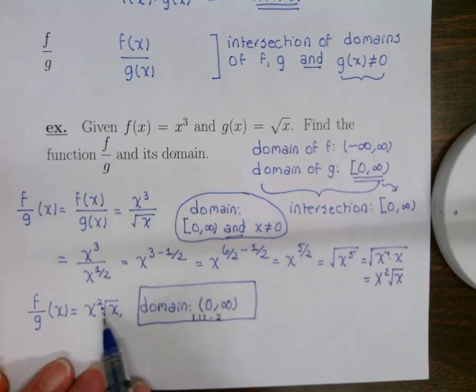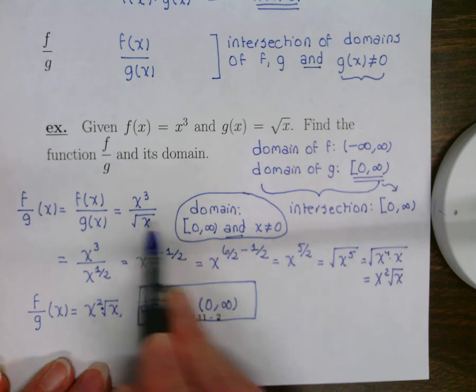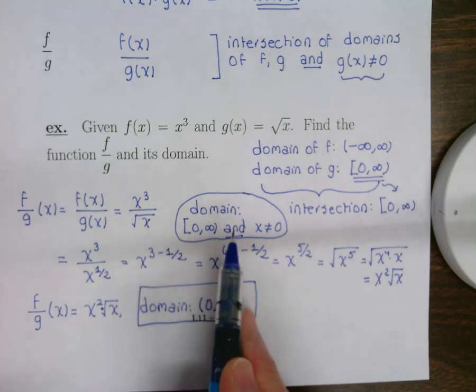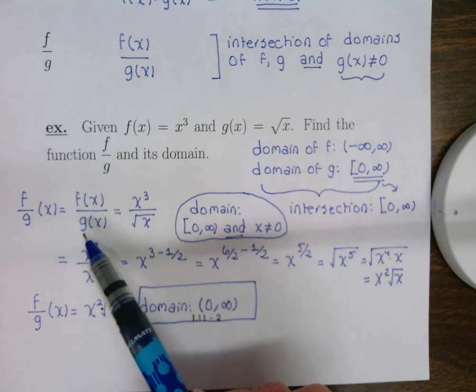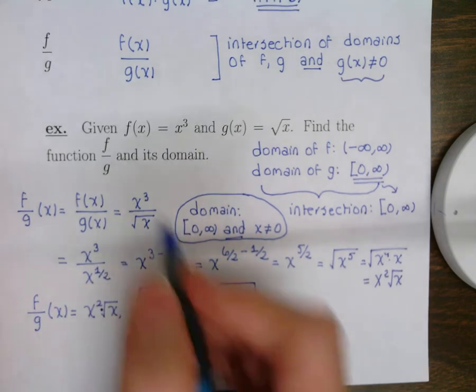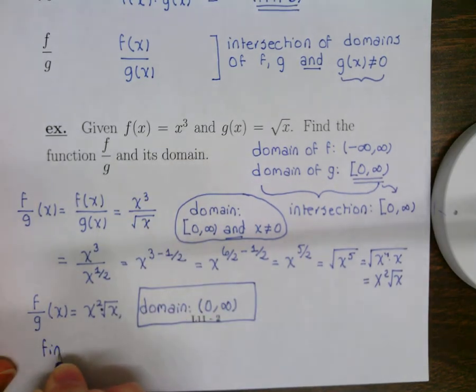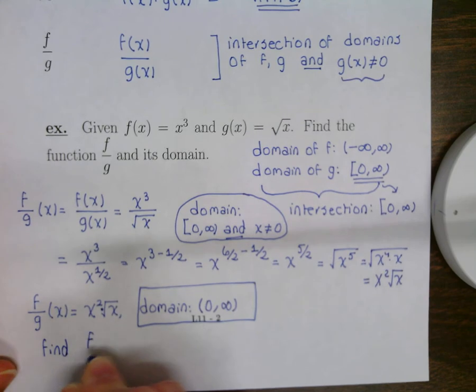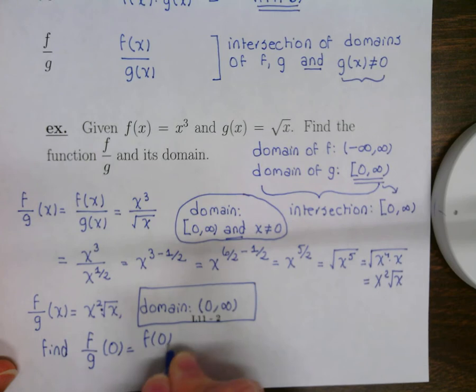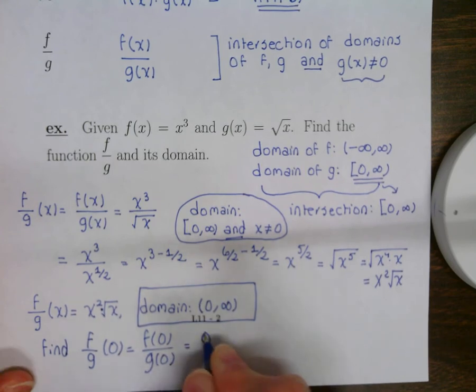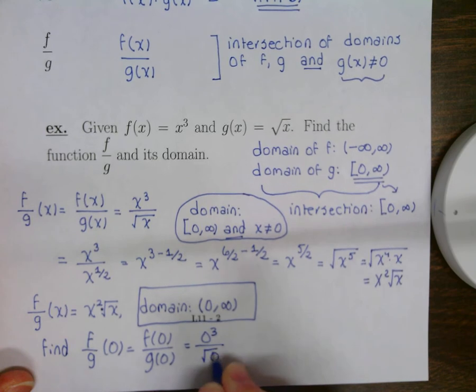Doesn't matter how nicely we simplify, that original restriction still is there because that's how we built the function. If I wanted to find f over g of 0, it is f of 0 over g of 0, which would be 0 cubed over the square root of 0, which is clearly not defined. That's a problem.